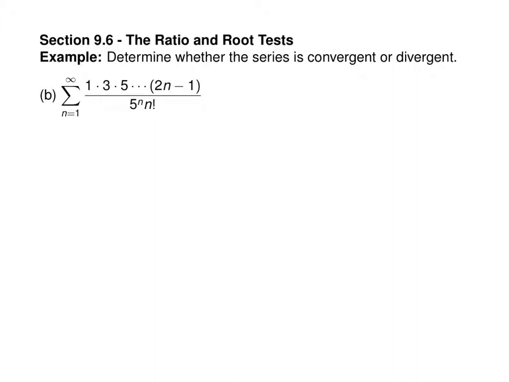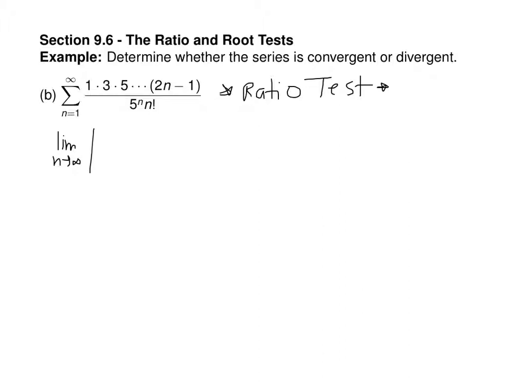Alright, this isn't obviously a factorial. The numerator is actually what they call a double factorial, so every other odd integer. But let's also apply the ratio test to test for convergence or divergence. When you are testing series for convergence or divergence, make sure you actually tell me which test you're using. So we'll find the limit as n goes to infinity.